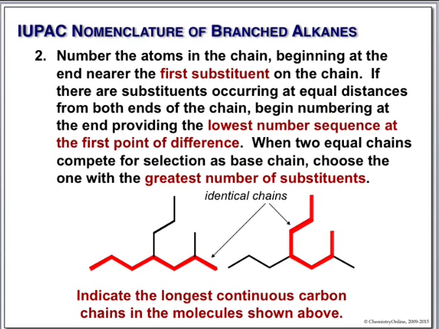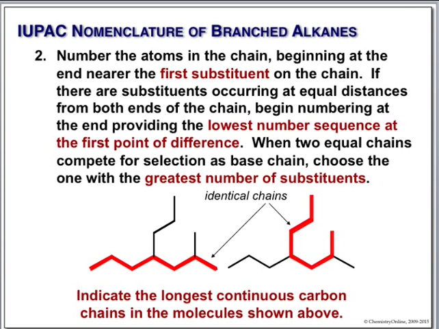So our parent would be a heptane. We can also look at it this way. 1, 2, 3, 4, 5, 6, 7. That's the same heptane, isn't it? So there are two ways you could represent the longest chain. Again, these are just simply conformational isomers.